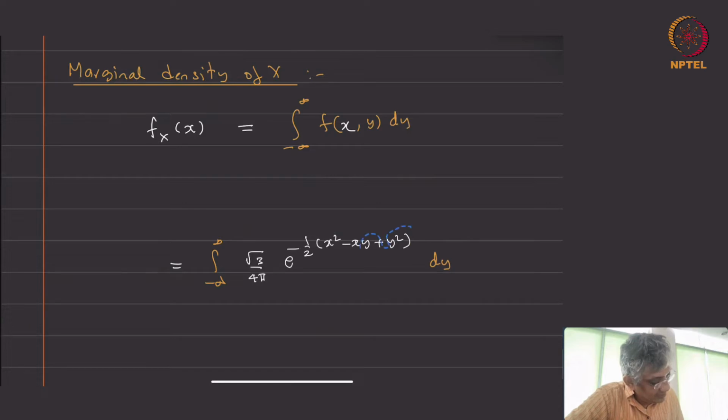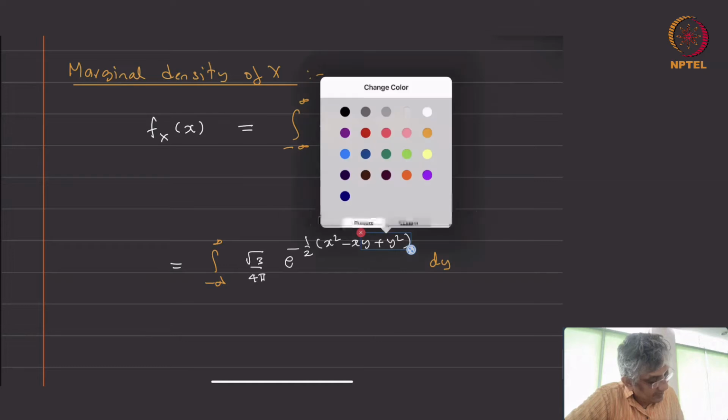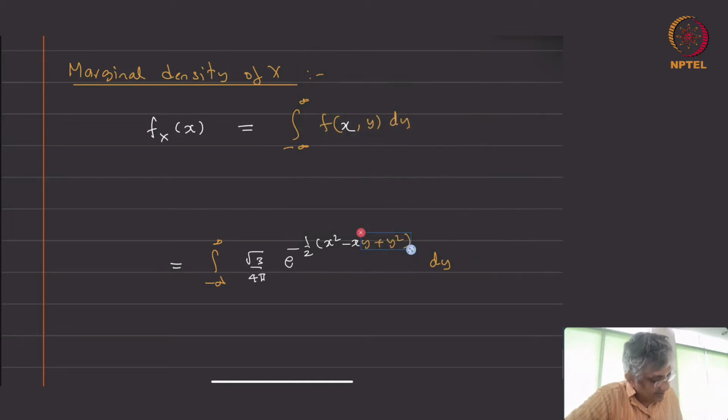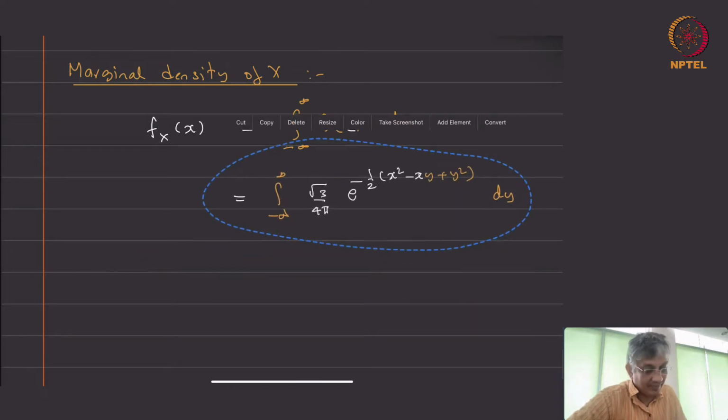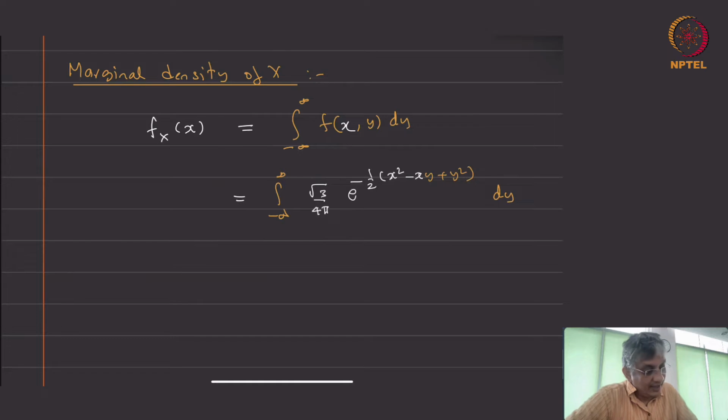All the y's are inside the integral, and all the x remains constant. So root 3 over 4 pi is outside. I have e to the minus 1/2 x squared inside. And then I have the integral from minus infinity to infinity of this whole quantity right here.